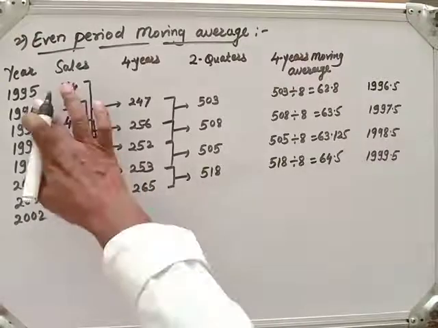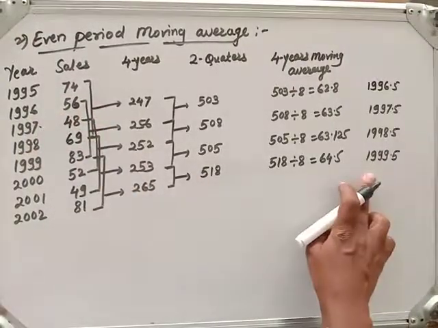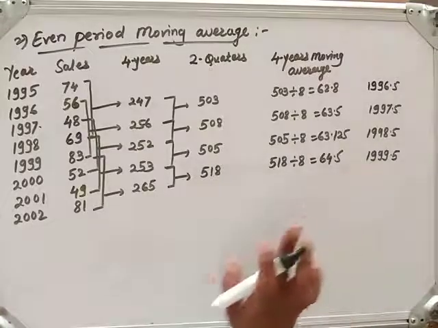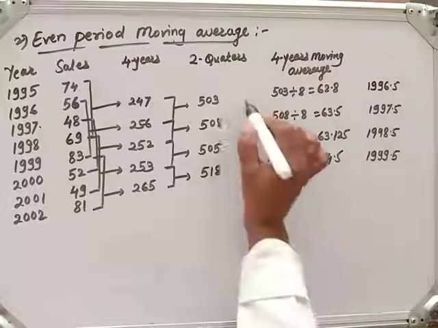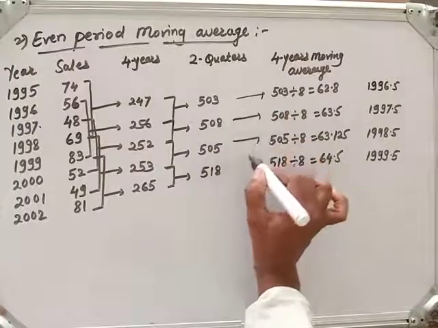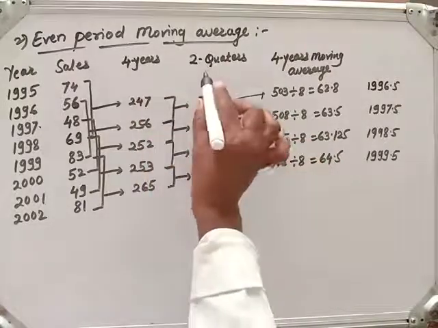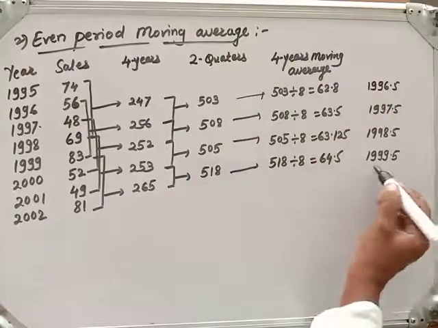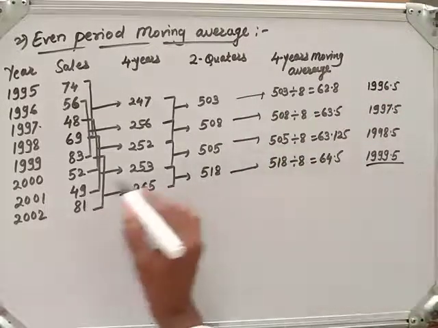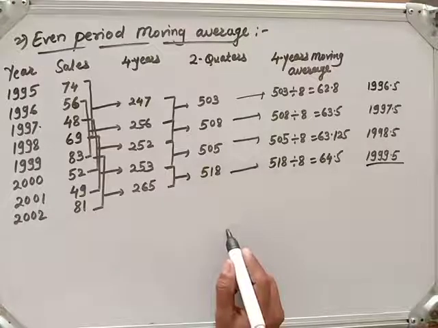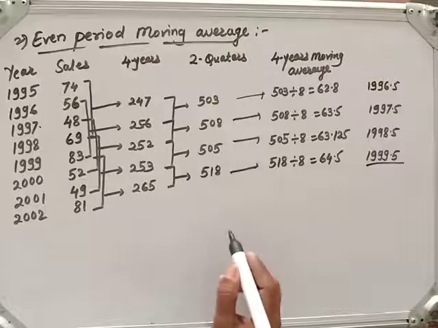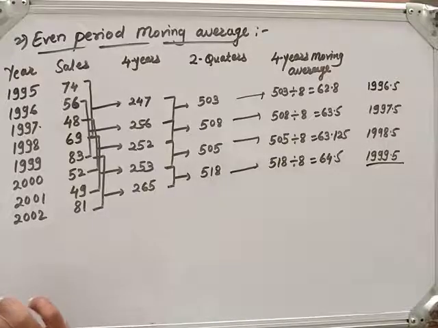These are the years you can take and plot a graph of it. Get a trend line from this. So first of all 4-year totals, and then 2 quarters, we have to do the 4-year moving average. As such we can determine the trend line with the help of middle years. Plot that graph and get a trend line. That will be homework for you.